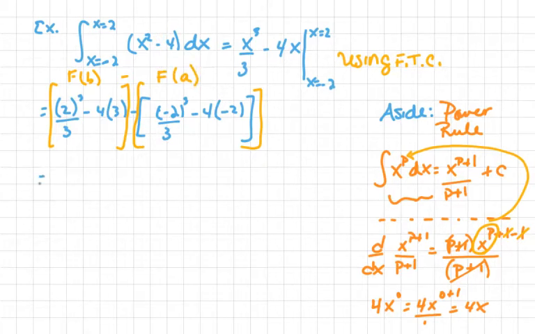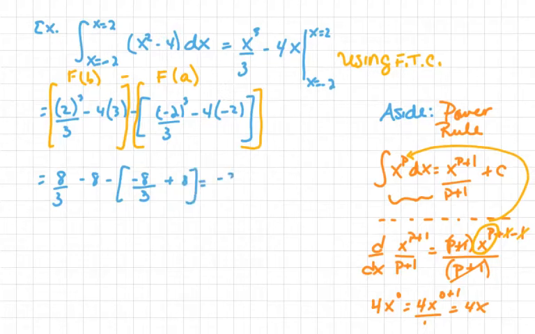So we'll do the math quickly, and you'll see, keeping our sign straight, that this resolves to negative 32 thirds. And you might ask yourself the question, why is the area negative? How can area possibly be negative?